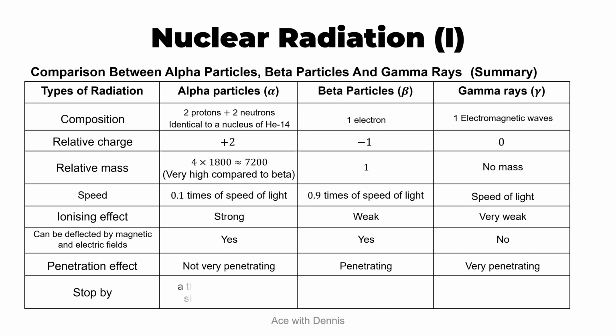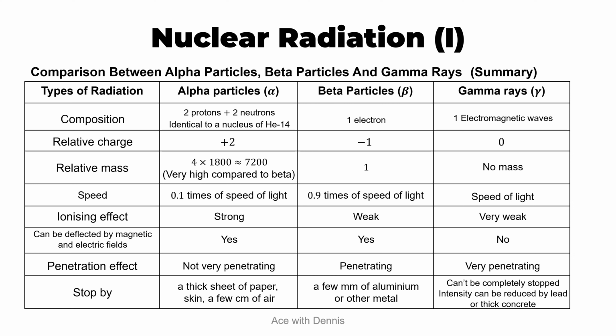Stopped by. Alpha particles can be stopped by a thick sheet of paper, skin, or a few centimeters of air. For beta particles, it can be stopped by a few millimeters of aluminum or other metal, and for gamma rays, it cannot be completely stopped, but intensity can be reduced by lead or thick concrete.